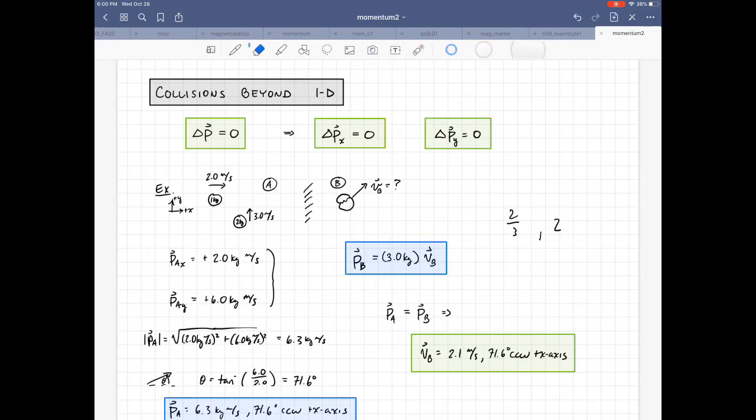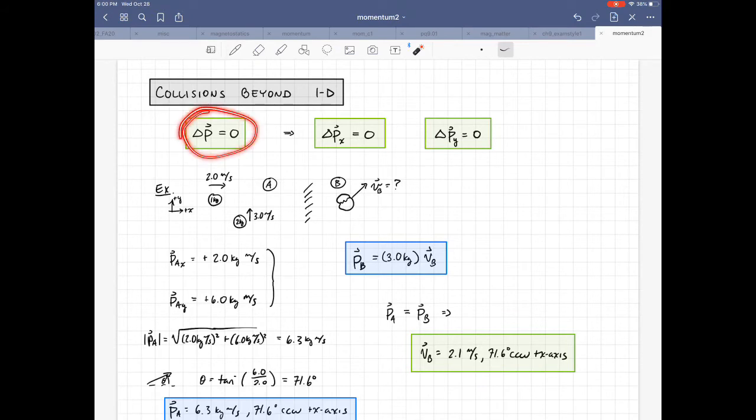Okay, and the next thing that we want to think about here is the collisions that we've just talked about, but in a more general sense than just one-dimensional collisions. We want to think beyond 1D, and really this can be extended to 3D, but I'm just going to give an example in 2D here.